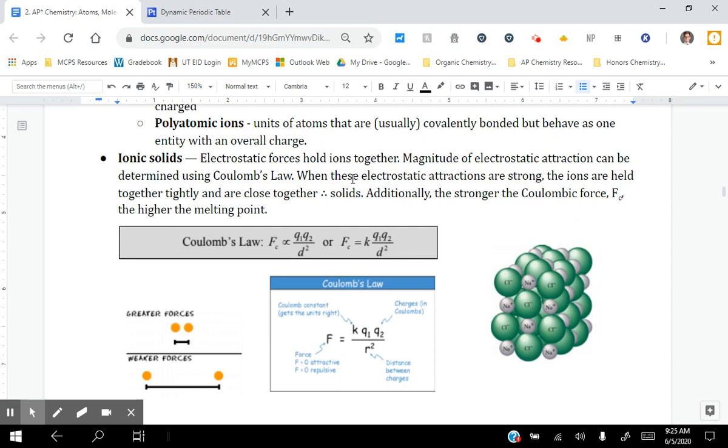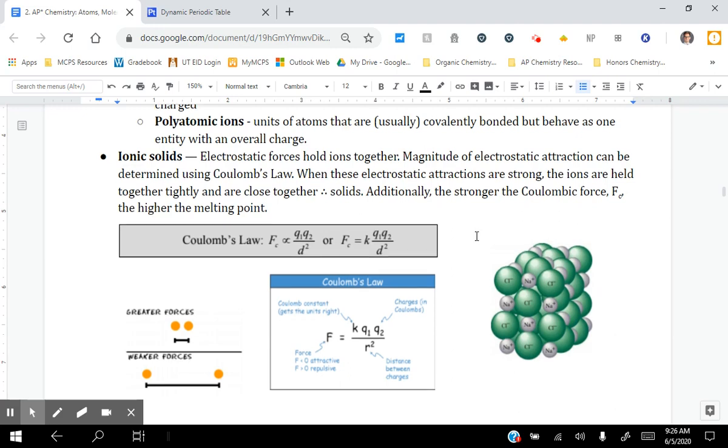The reason for this is due to ions being held together tightly and as a result becoming closer together. When they're closer together, they form ionic solids that form this crystal structure like you see with NaCl. And additionally, the Coulombic attraction or Coulombic force becomes greater due to a shorter distance and stronger force. And so these types of compounds end up having high melting points because they have strong intermolecular forces that have to be disrupted.